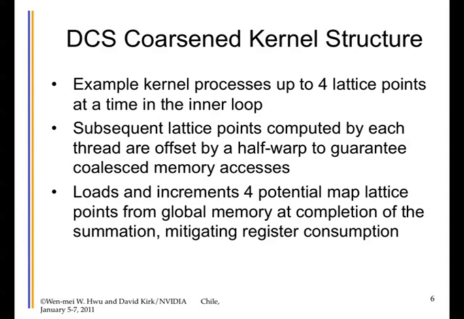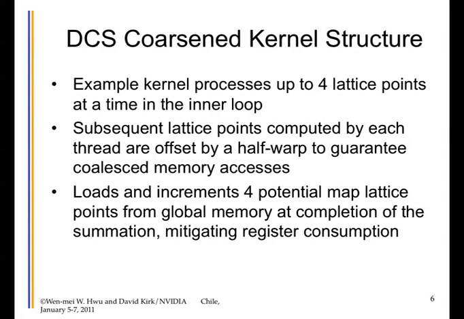Remember, these threads are eventually going to write into the lattice points. So whenever they write into the lattice points, you want the neighboring threads to be writing into neighboring lattice points for coalescing reasons, right? So the way to do thread coarsening is actually to take lattice points that are multiple points apart.